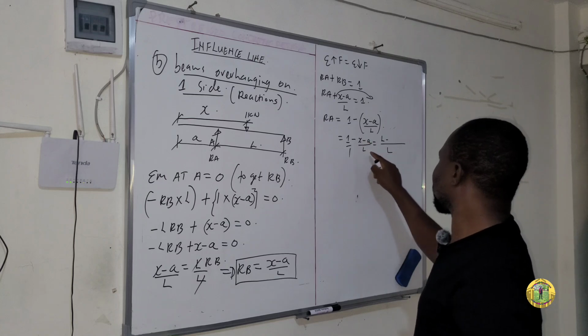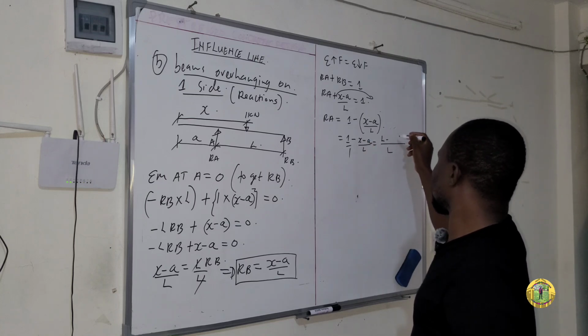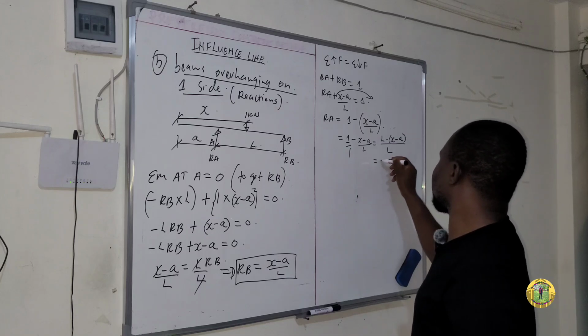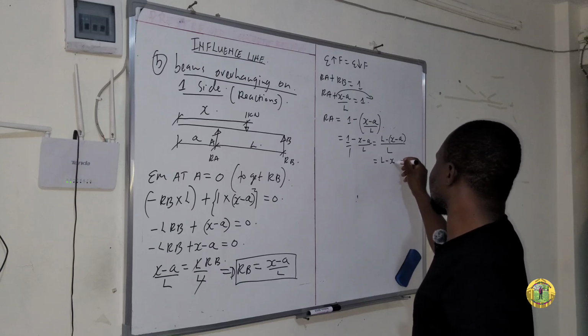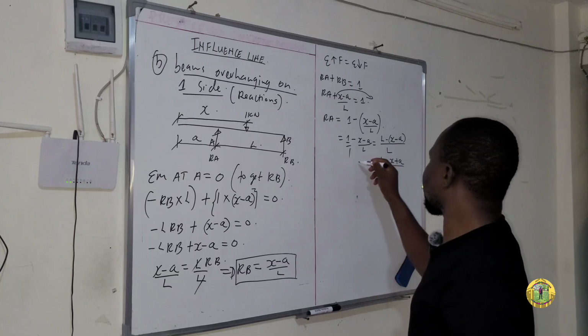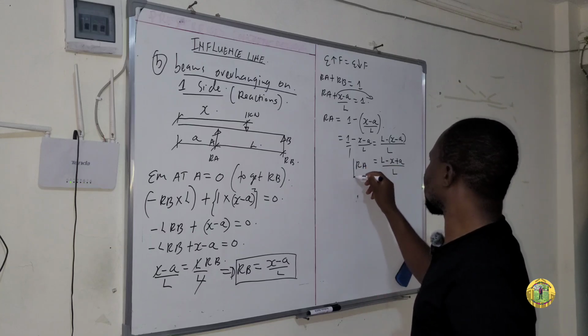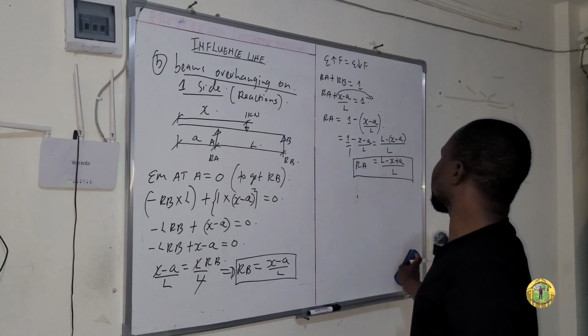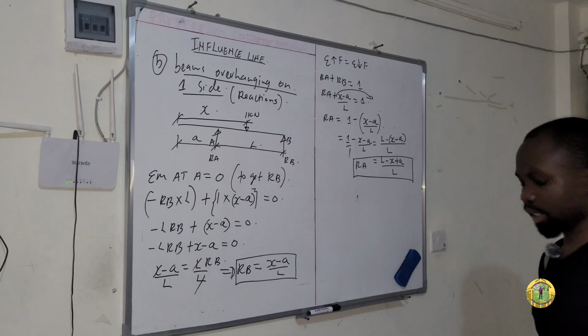Then 1 times x, this one will be x minus A. So this one is equal to L minus x plus A over L. So this is RA. So that is RA.